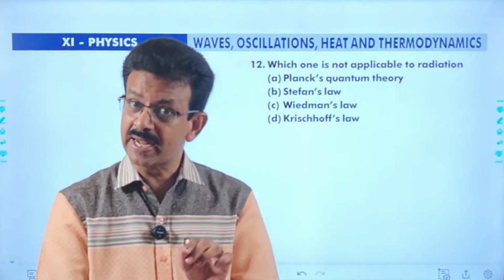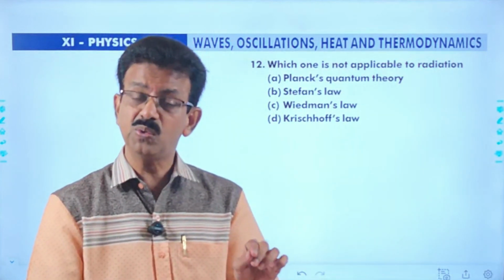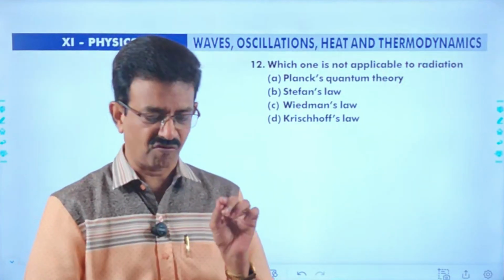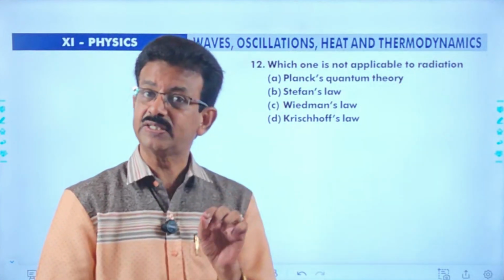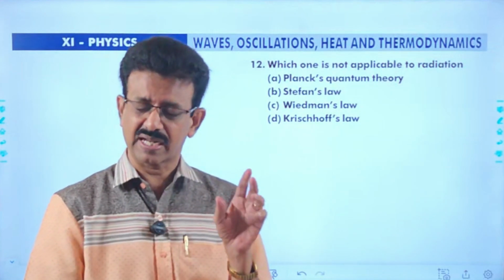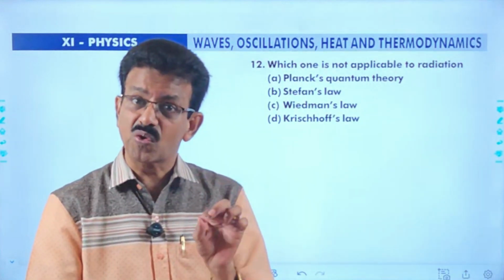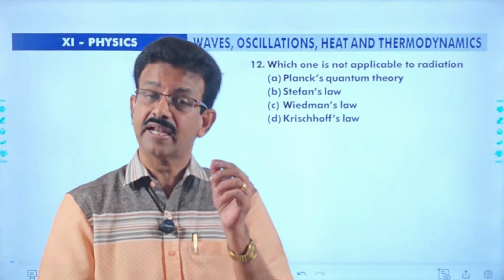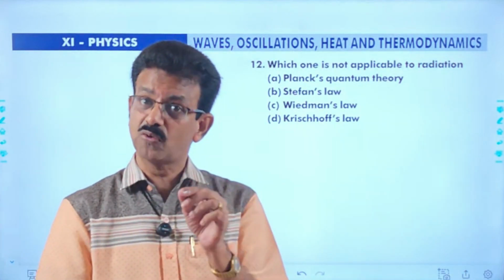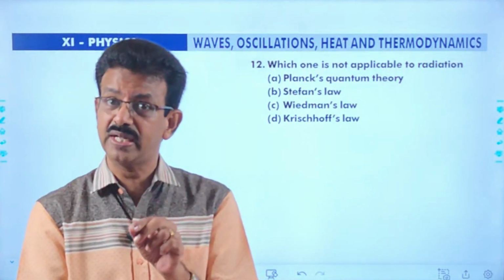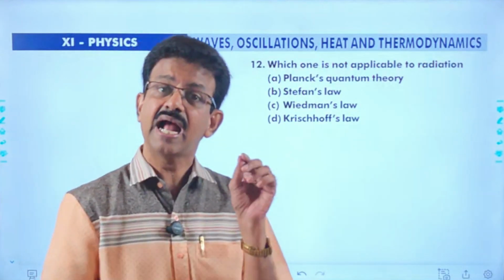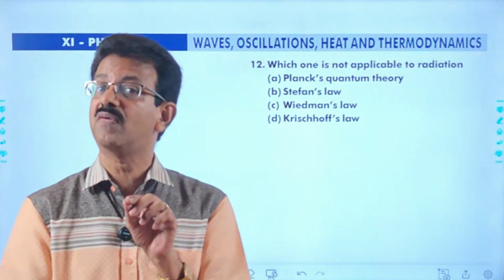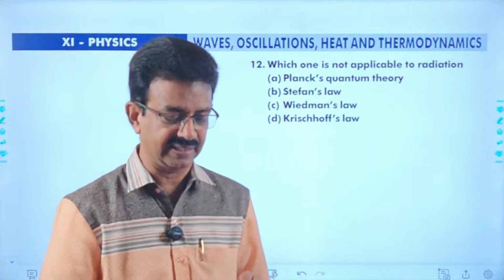This is Wiedemann's law, applicable to the conduction, not for radiation. Now, Kirchhoff's law of radiation in the case of black body radiation. That is, the ratio of the emissive power to the absorptive power is a constant for all bodies at a given temperature and will be equal to the emissive power of the black body at that temperature.